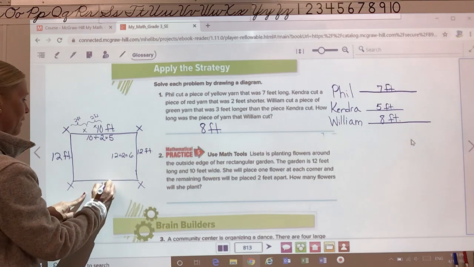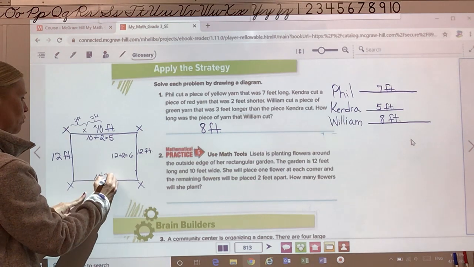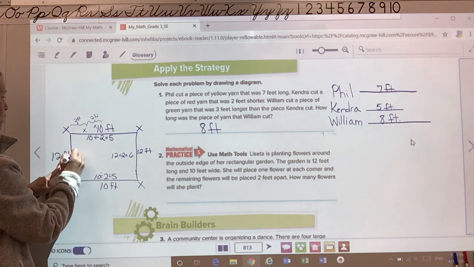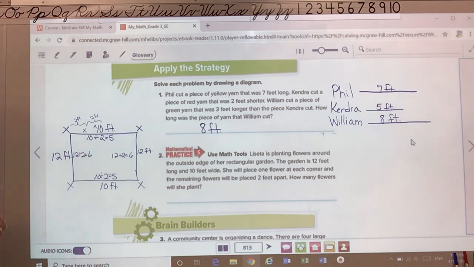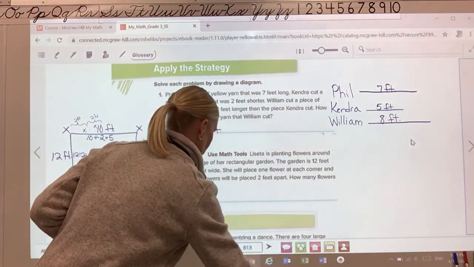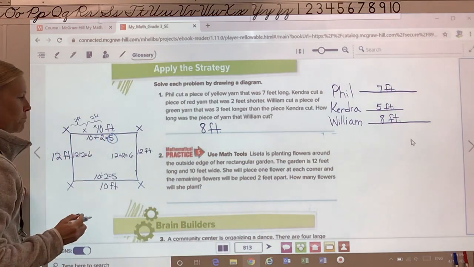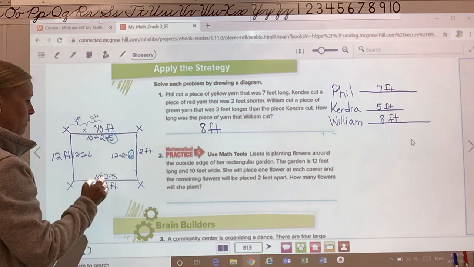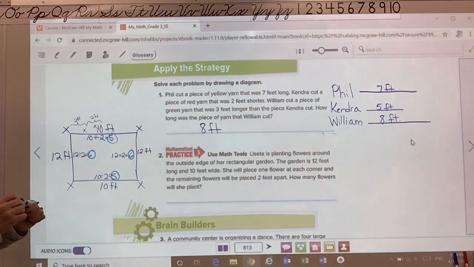Then we know again this side was 10 feet. So 10 divided by 2 equals 5. And over here 12 divided by 2 equals 6. Now all I have to do is look and say this side there were 5 flowers planted, 6 flowers planted, 5 flowers planted, 6 flowers planted.